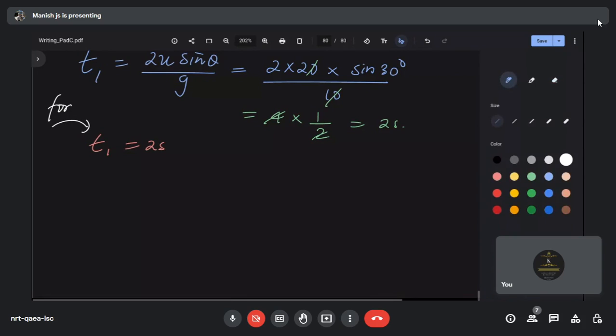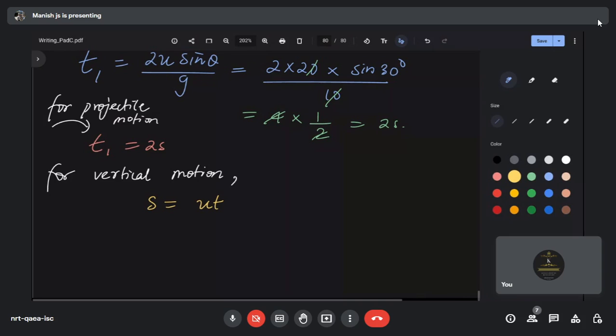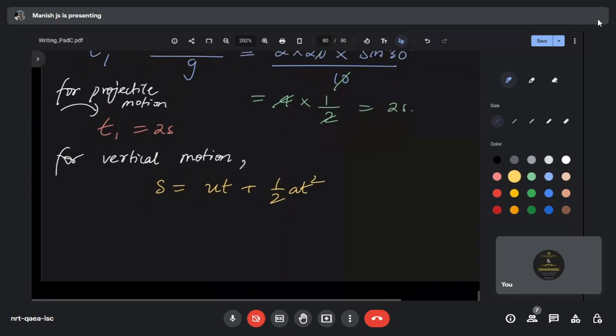Which kinematic equation is suitable here? For vertical motion, we can use s is equal to ut plus half at square. Yes, s is equal to ut plus half at square. We can use this, correct?